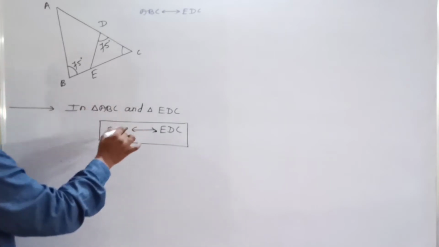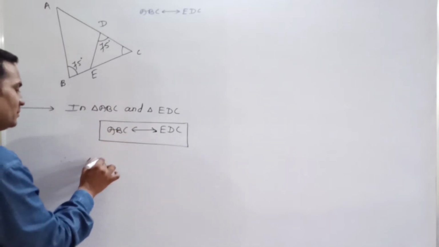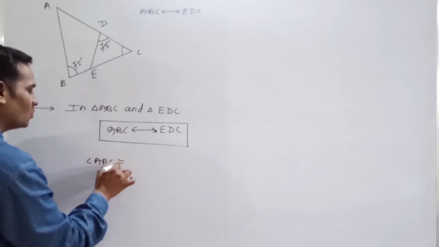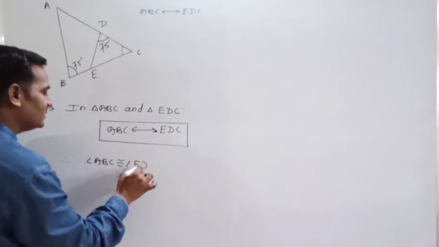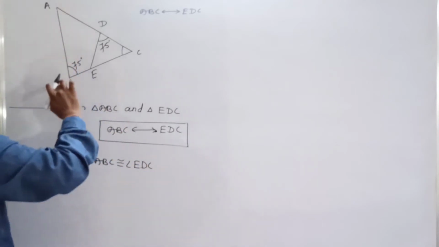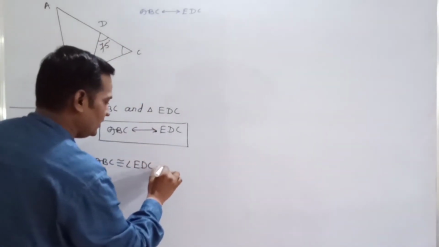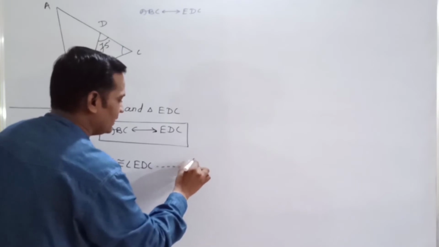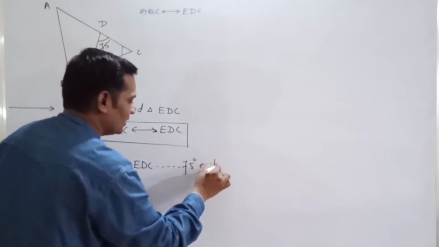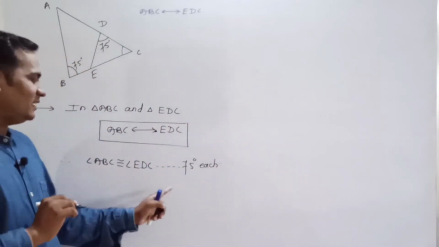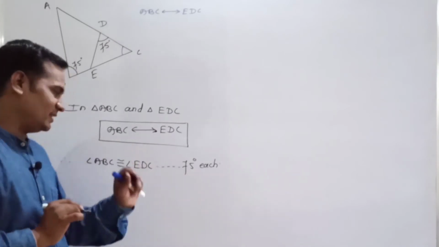Look there, in these two triangles, angle ABC is congruent to angle EDC, and the reason is that the measure of each angle is equal to 75 degrees.